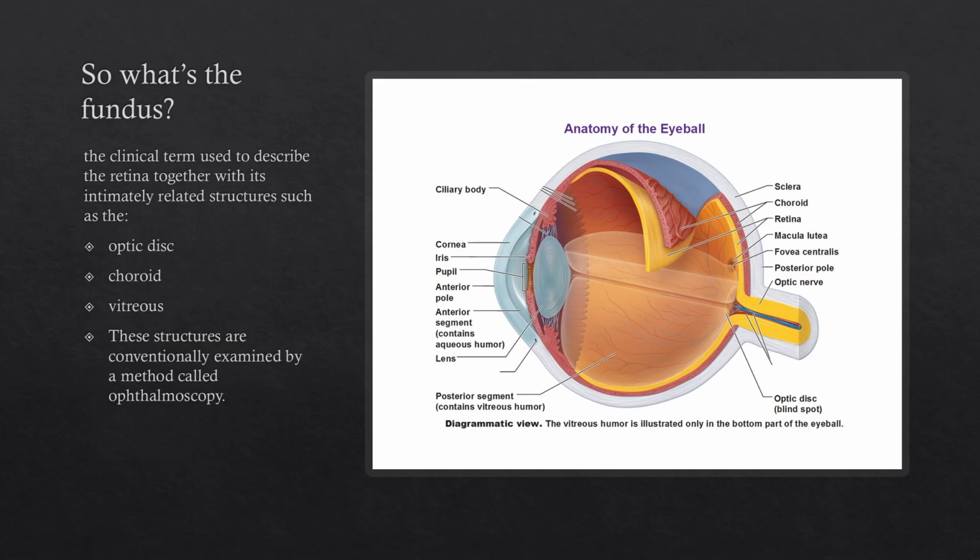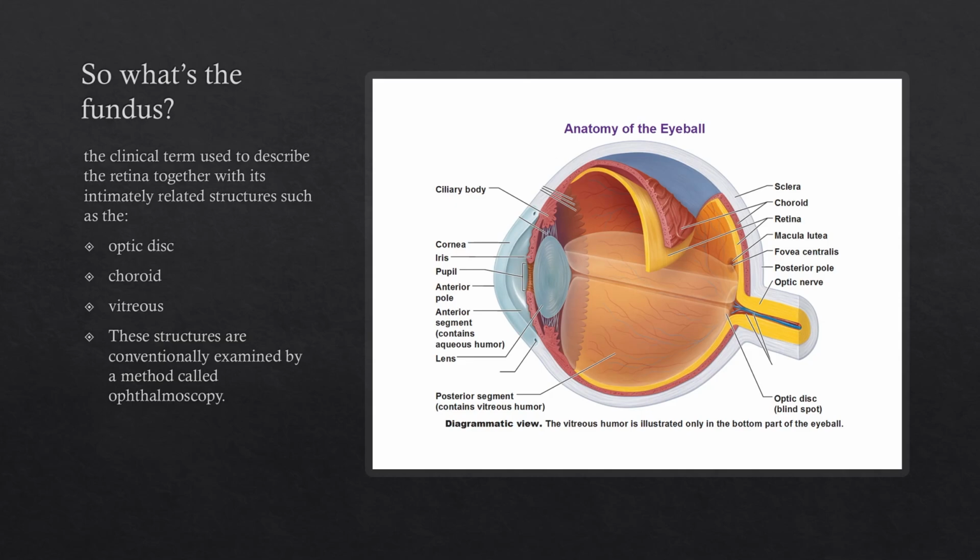You've probably heard of the optic nerve before. The origin of the optic nerve is called the optic disc head, which could also be called the optic nerve head, also referred to as the optic disc. So the optic disc is the first part of the optic nerve which we see when using an ophthalmoscope.